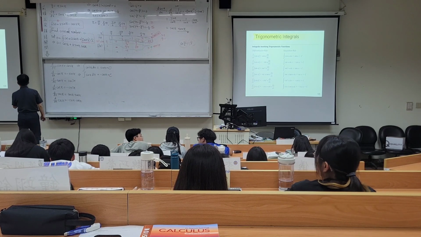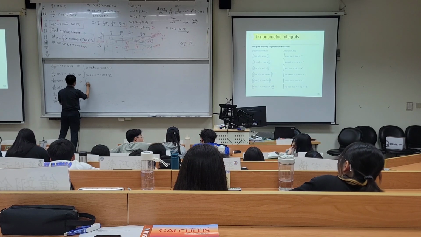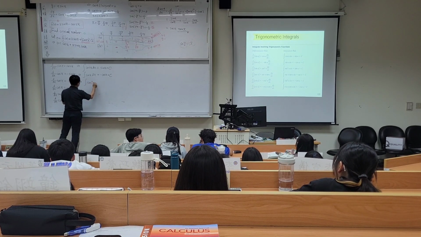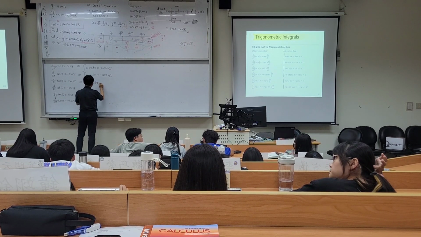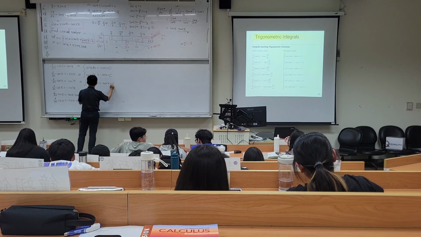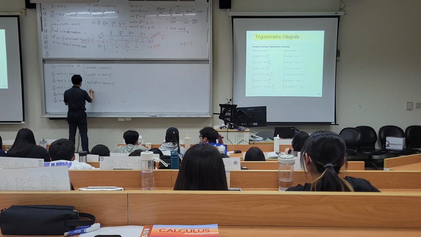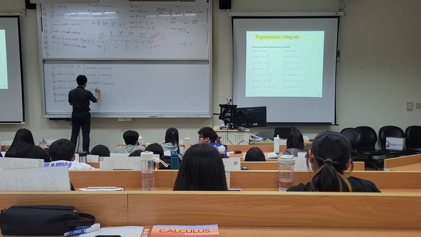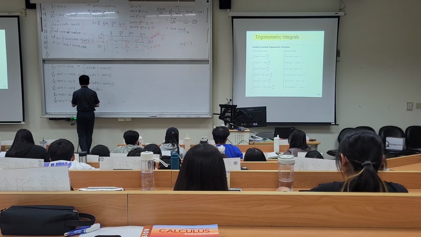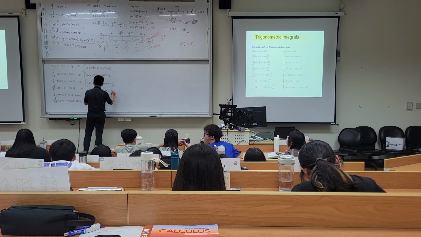Then if I integrate secant square x dx, you will get tangent x plus constant. If I integrate cosecant square x, you will get minus cotangent x plus constant.